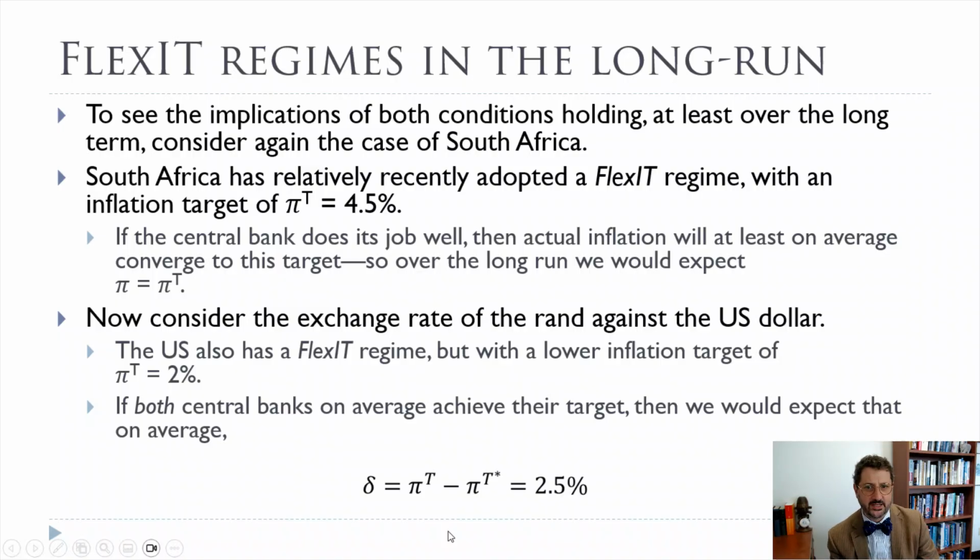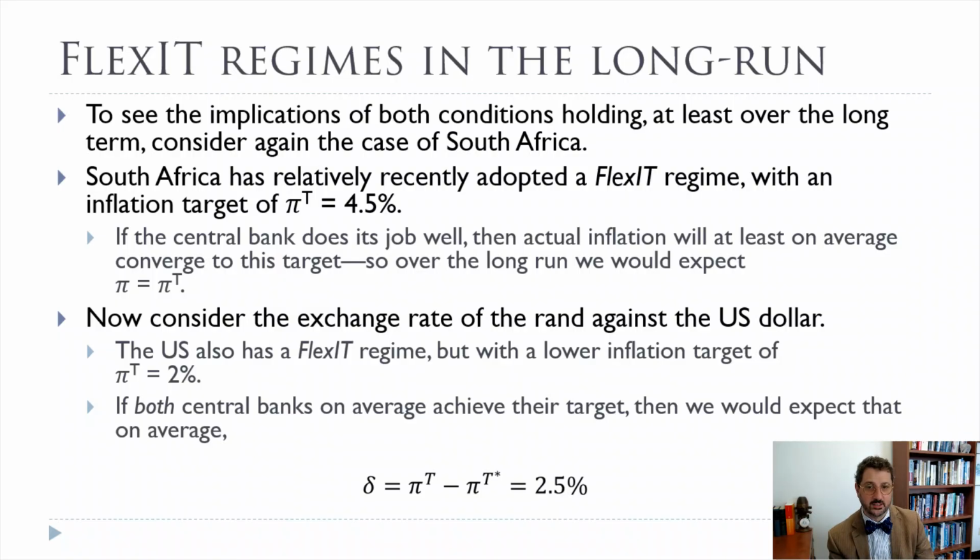So if we take our example, where we're looking at South Africa, and South Africa now has a Flexit regime with an inflation target of 4.5%, then if we look at the difference between the U.S. and South Africa, that's going to determine the expected depreciation rate, right? Because if South Africa is successful with their inflation targeting, then they would have 4.5% inflation.